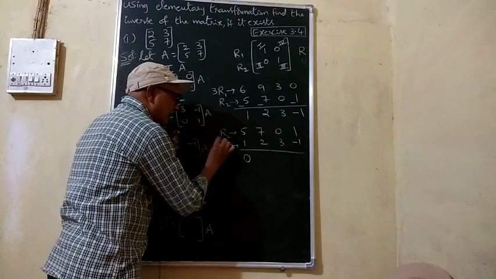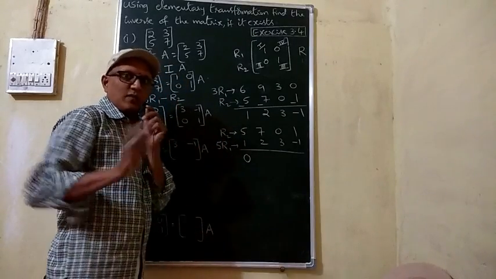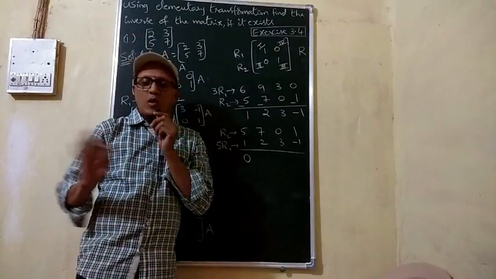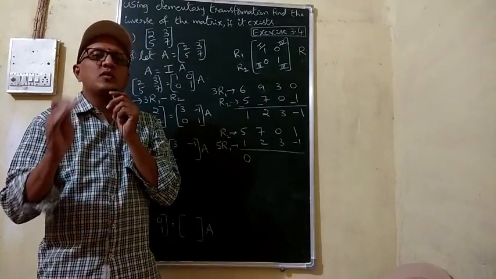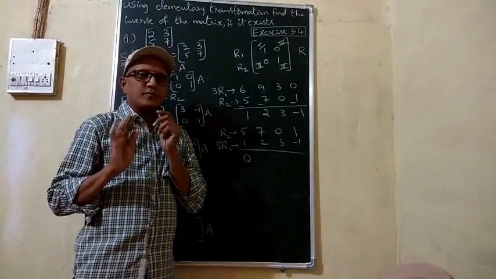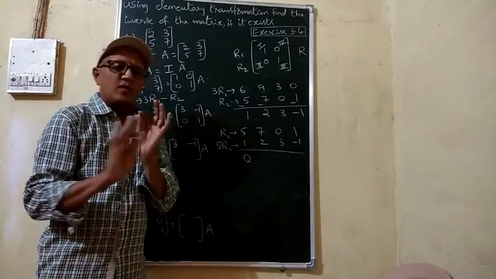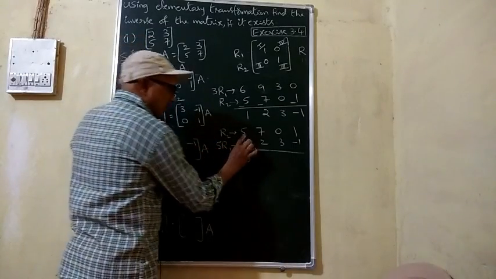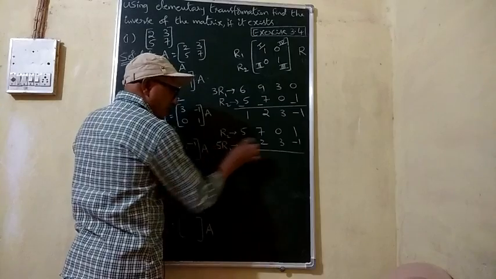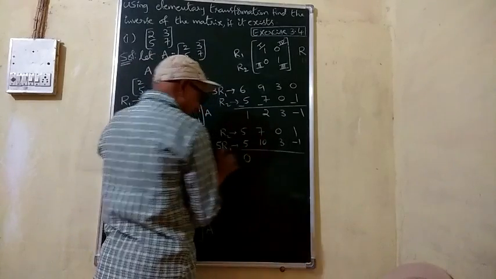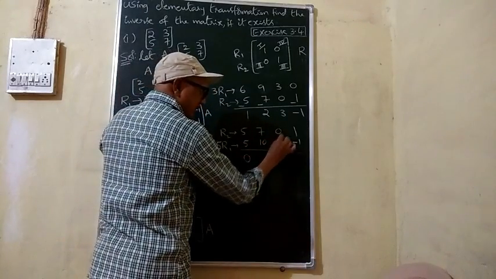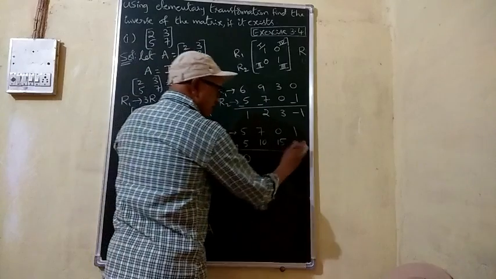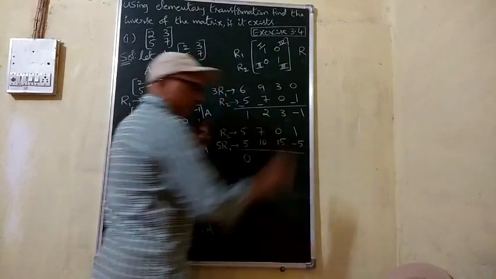Multiply with 5. Don't multiply with minus 5. Problem is with the people who are scoring less marks. Multiply with 5 only. Afterwards, subtract. Right? 5 into 1, 5. 5 into 2, 10. 5 into 3, 15. 5 into minus 1, minus 5.